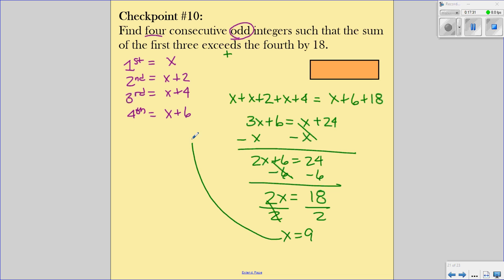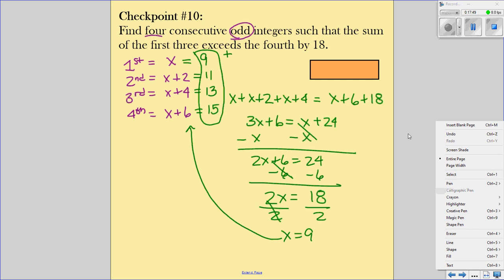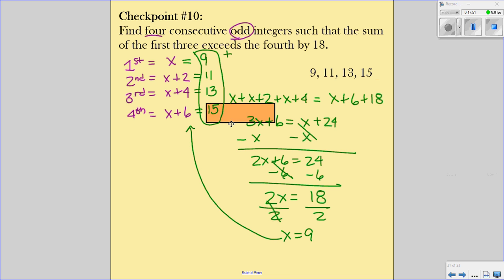So now we plug that back in here. We got 9, 11, 13, and then 15. And then I'll just box that all up, or circle, or whatever I'm doing. And there's our answer.